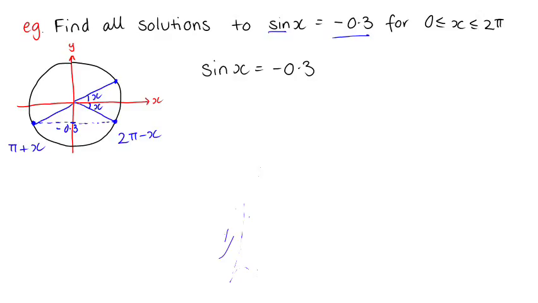Okay, so what we're going to do is just work out sine of 0.3, because that'll be the first quadrant. So the way we do that, we just take sine over, find the inverse.